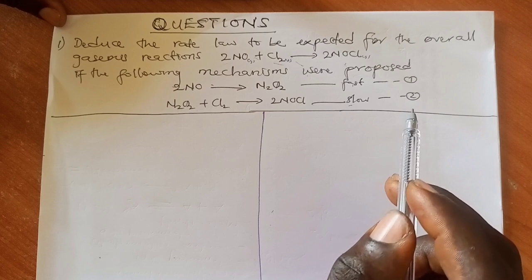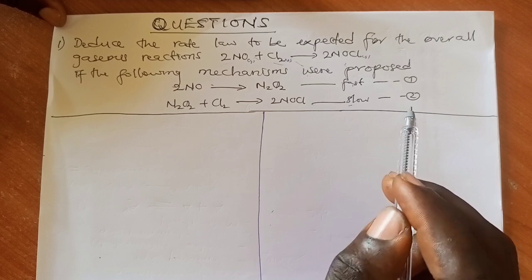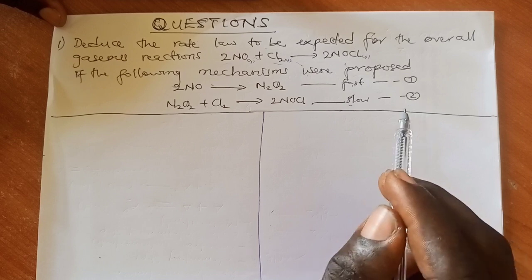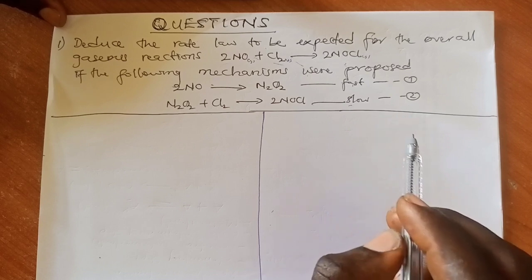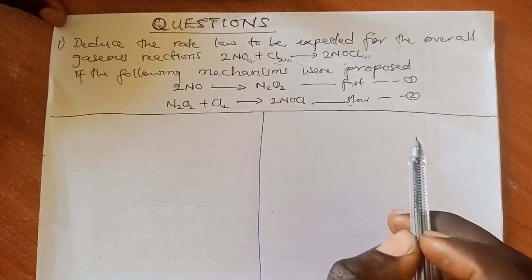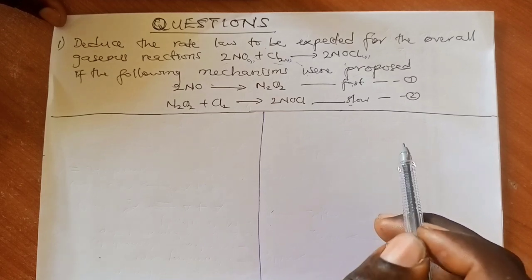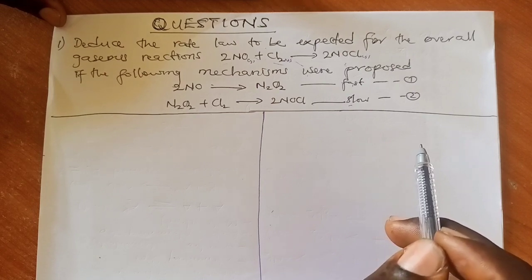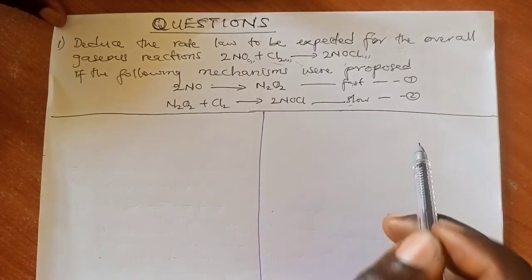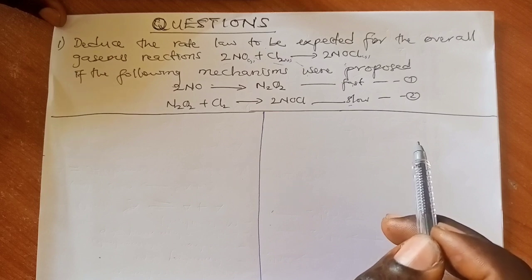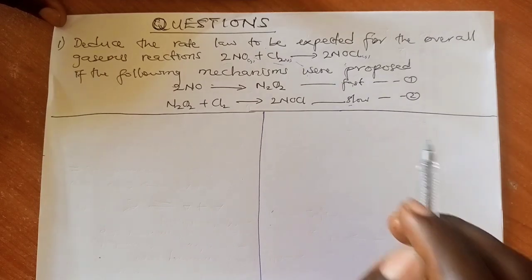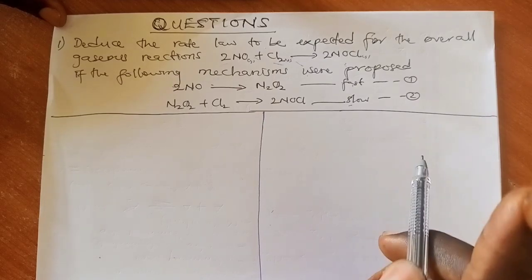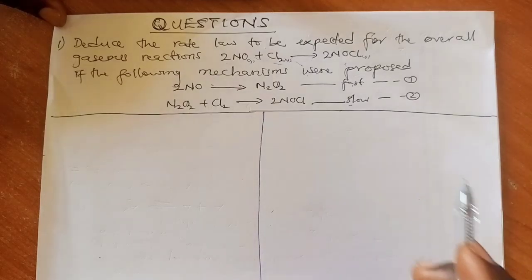Questions like that may hide the slowest reaction and possibly make it the fast reaction, so that the student will not be able to quickly determine the rate determining step. But with intelligence, we should be able to know the rate determining step, not solely depending on the slow step. Please understand what my statement is: not solely depending.